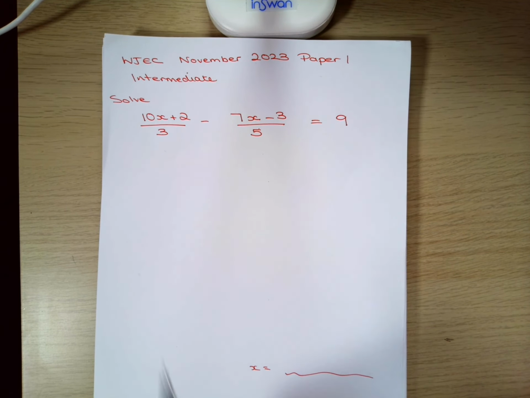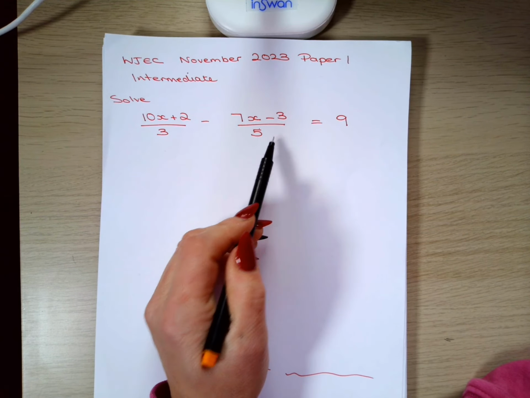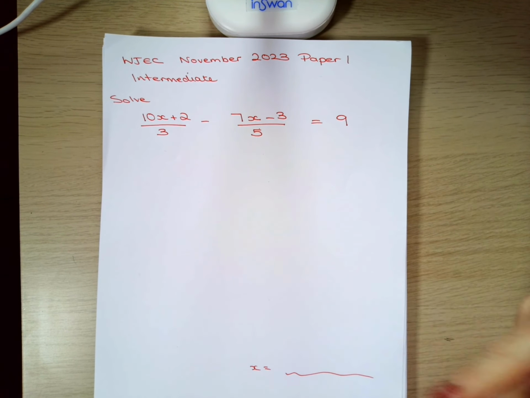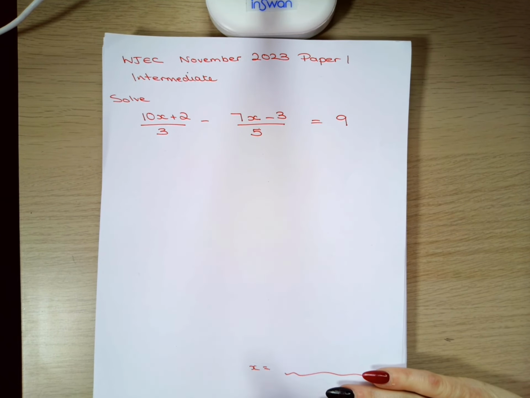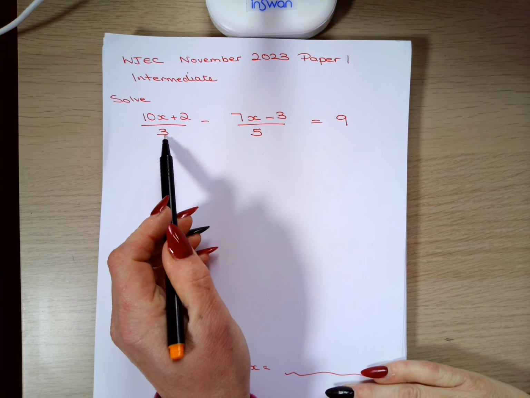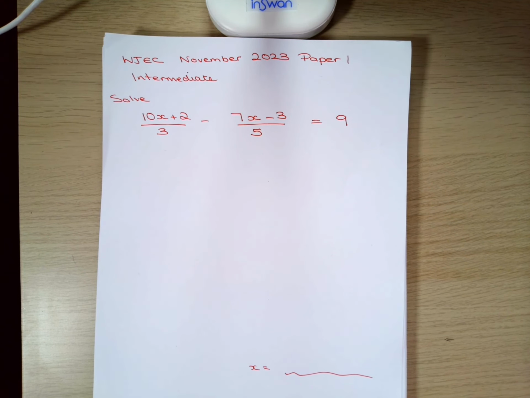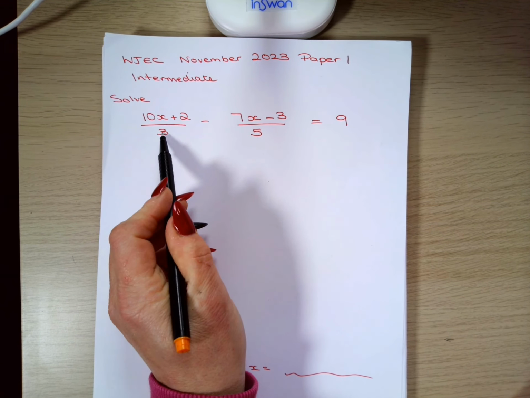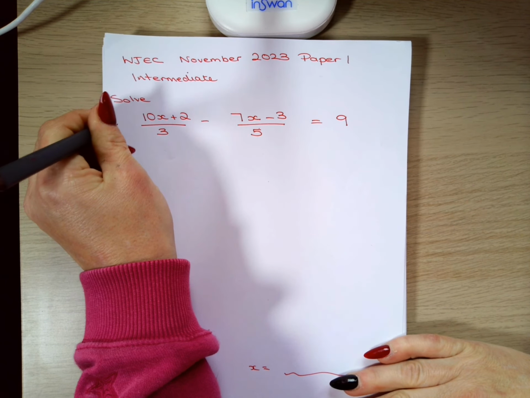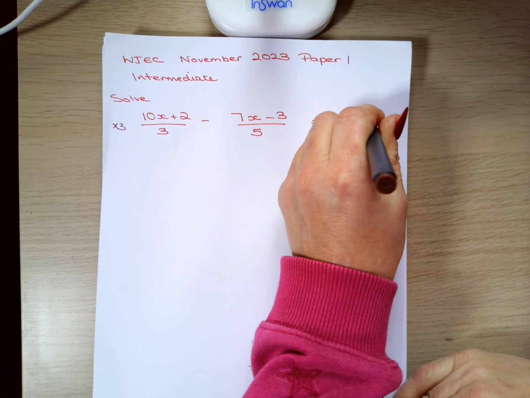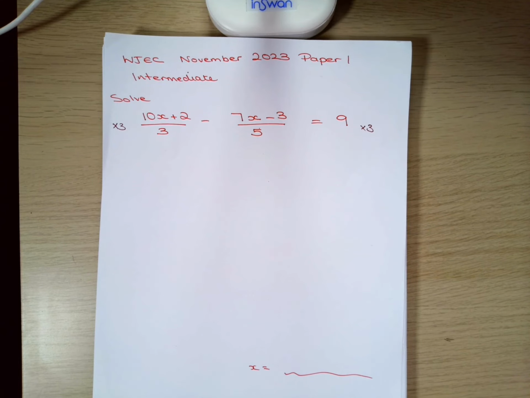When we've got two fractions and there's algebra there, it's an algebraic fraction, the first thing we're going to do is multiply through by the numbers on the bottom, those denominators. If we multiply everything by 3, remember, we've got to do the same to both sides.